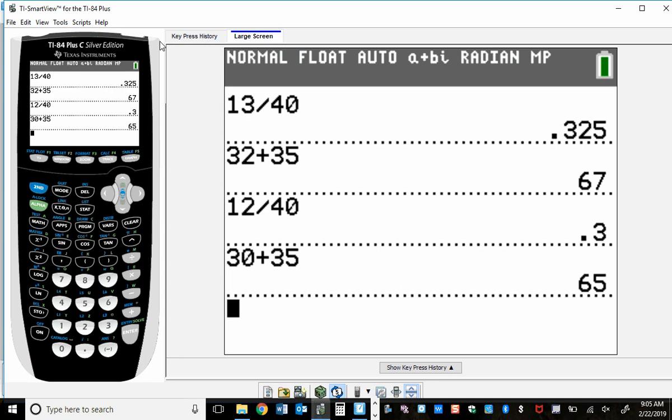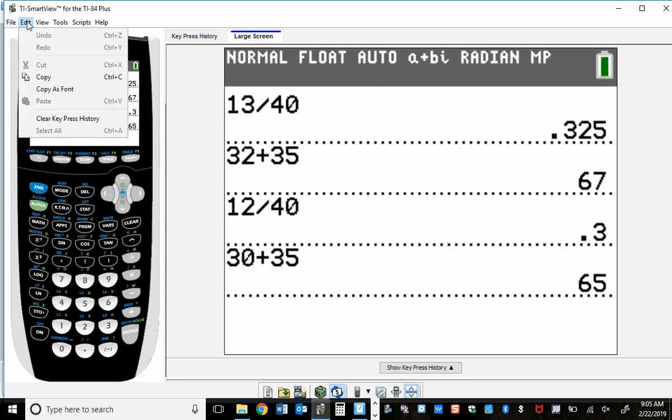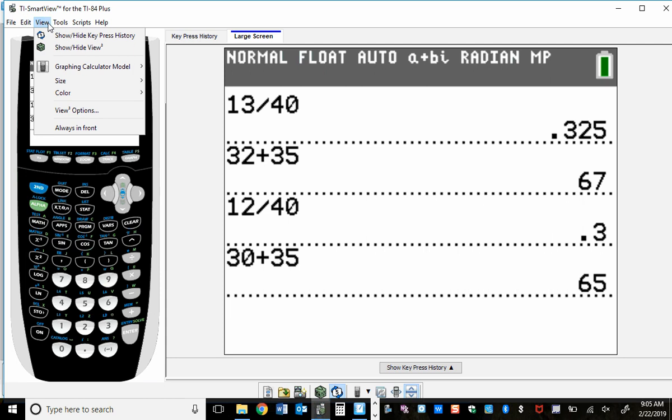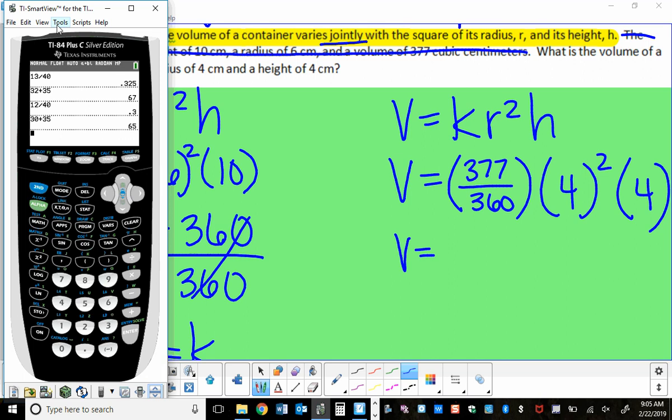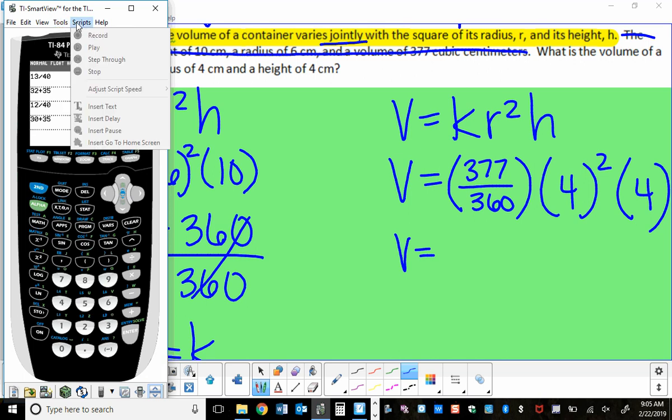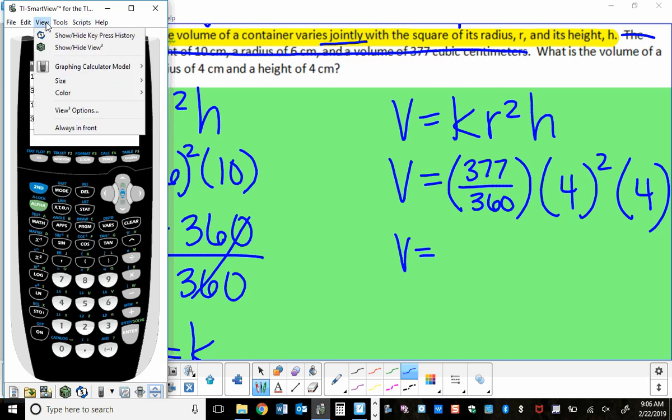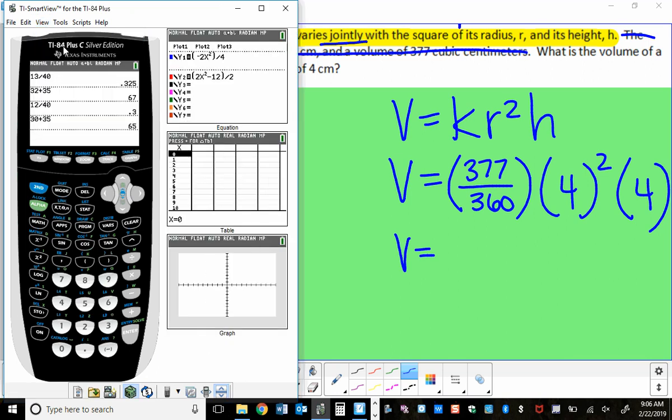Okay, this is good enough. All right. So I'm going to do 377 divided by 360 in parentheses.